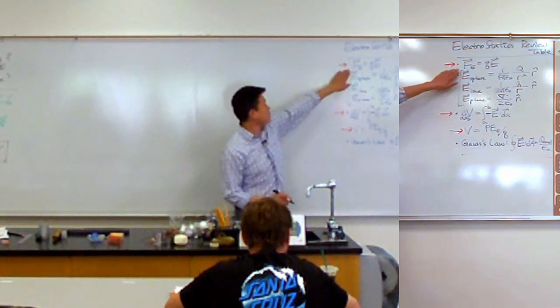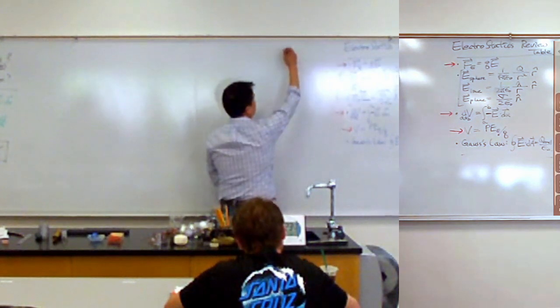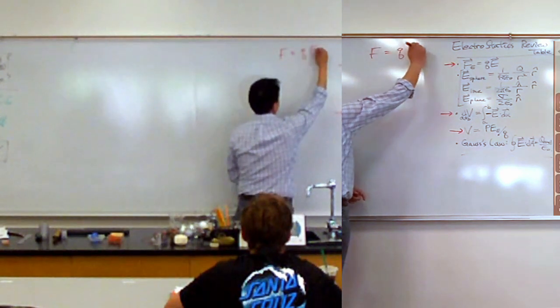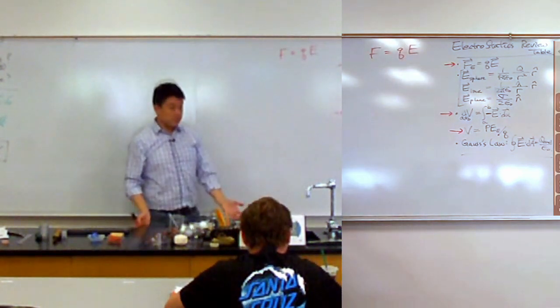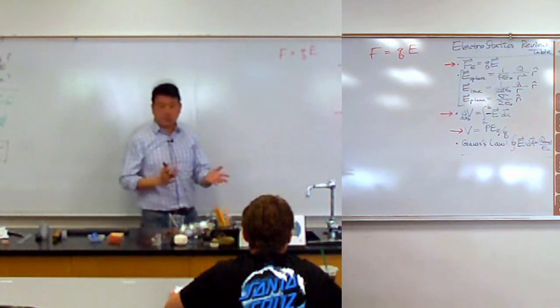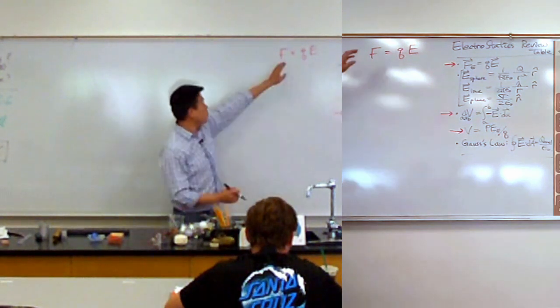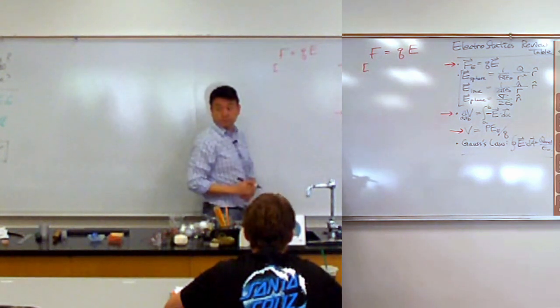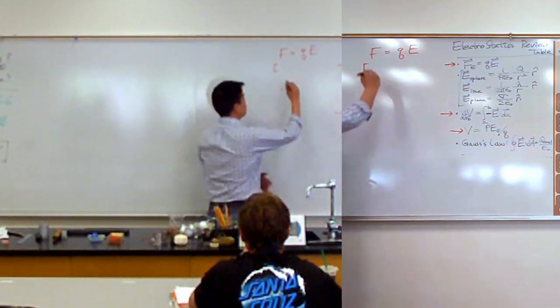Let me start with the easiest one. Force is equal to charge times electric field, right? So that tells you the relationship between the units that you already know. What unit is force given in? Yeah, newtons.